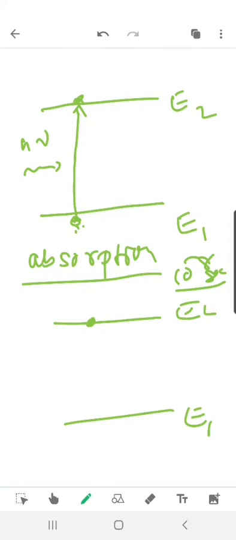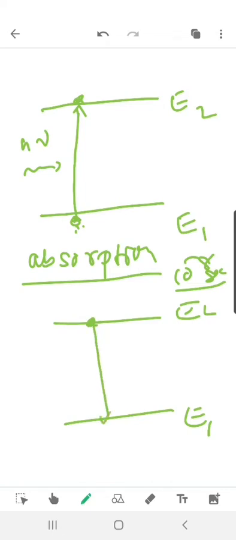So based upon that principle of nature, our E2 energy state, which is the excited state of the electron, is not stable. So this electron will jump back to the ground state. This electron will jump back to our ground state, that is E1.